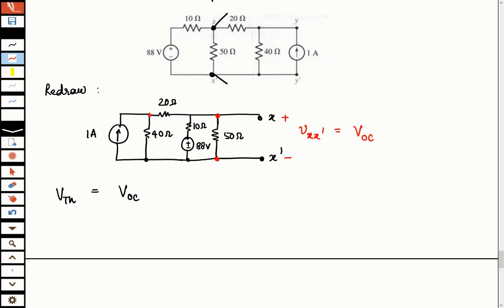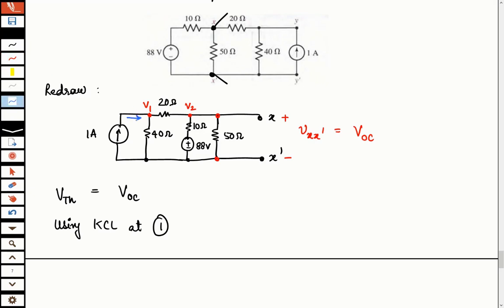Right? So let me call this node as, you can use anything, okay? You can use superposition, whatever you like. It is up to you. Watch which tool you want to use to compute Vx. I'm just using KCL. So let me name this as V2. Node potential here is V1, V2. So I'm going to use KCL. This is what I'm calling node 1. So let me just give some random directions of current.